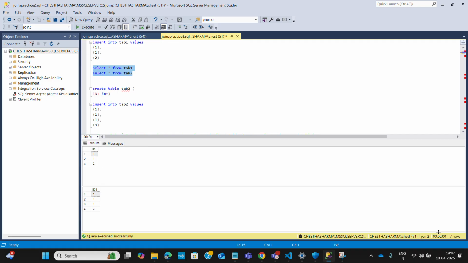I'll tell you what the interviewer will mostly ask. He will simply give you these two tables, and then ask what will be the output of inner join, left join, cross join, full join, or right join.